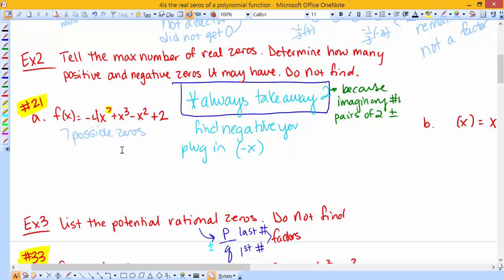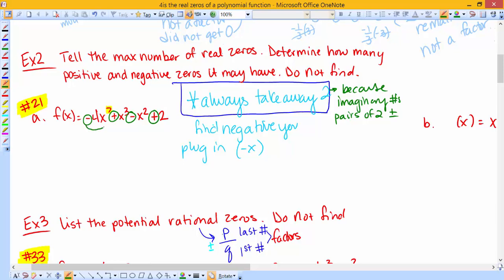So now we need to determine how many positive or negative zeros there might be. So I know that there are 7 possible zeros. Now, to determine the possible positive zeros, you are looking at the sign changes. When I am checking sign changes, what I mean by that is you really have to look at the signs in front of each of your terms.